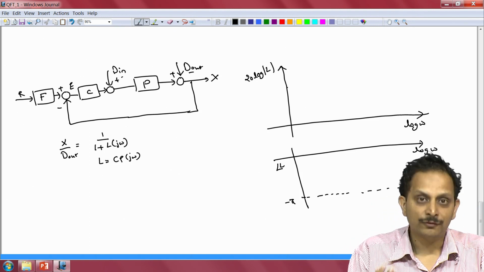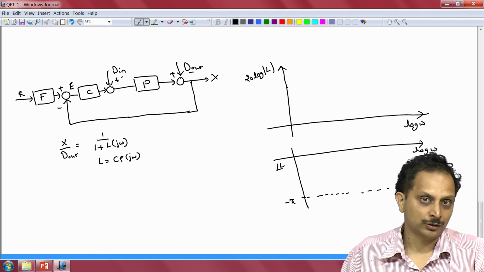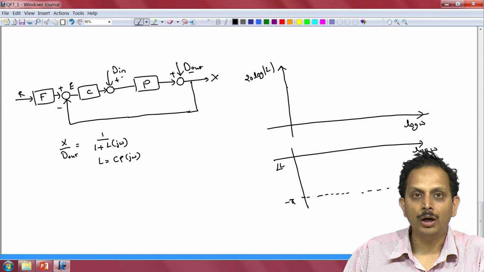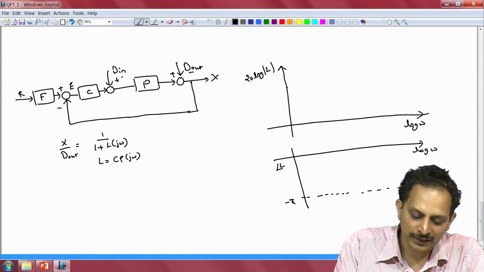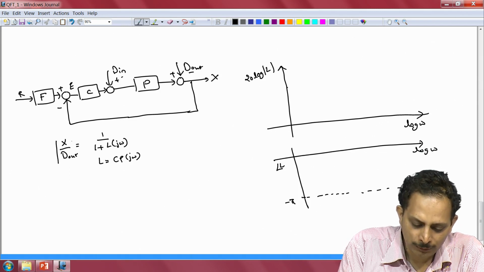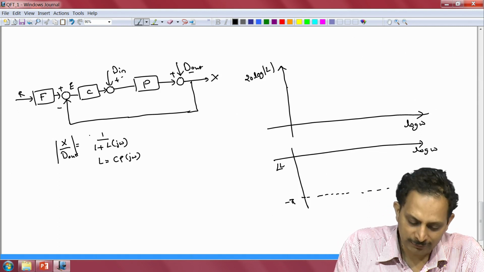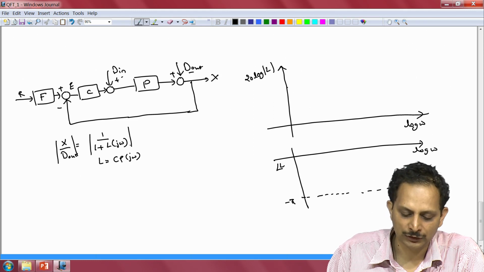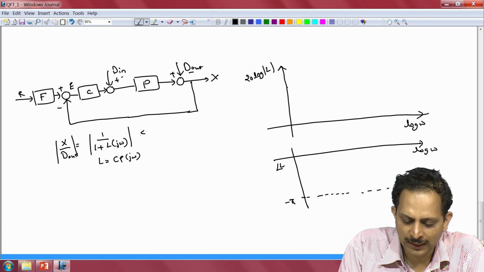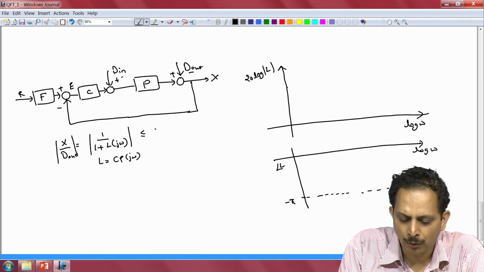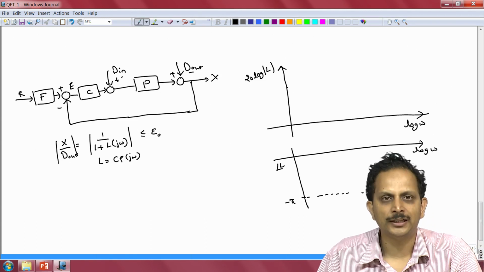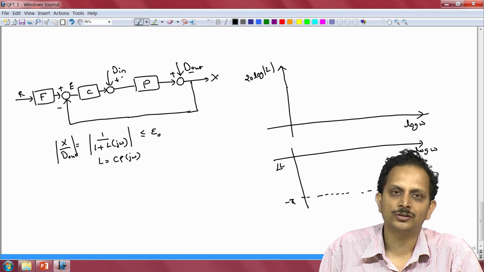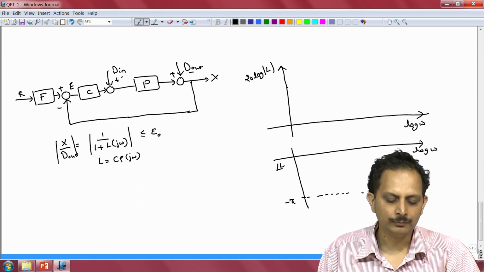If we want to reject the output disturbance by a certain amount, then what we generally insist is that the magnitude of x by d out, which is in essence the magnitude of 1 by 1 plus L of j omega, should be less than or equal to some small number epsilon O. The subscript O indicates that this is the output disturbance that we are talking about.